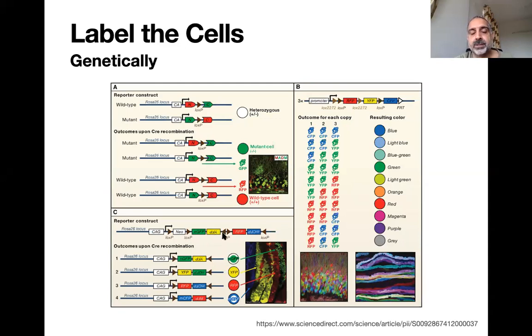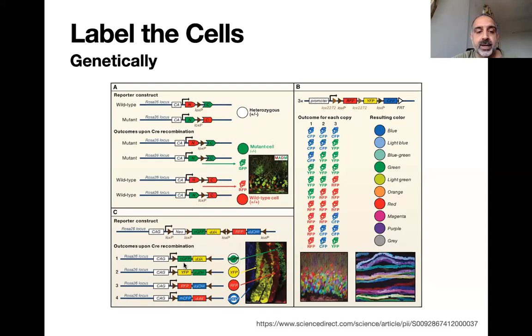If two LoxP sites are facing each other, then you get an inversion. If two LoxP sites are facing in the same direction, you get a recombination. And so you can see that there's a possibility of many types of inversions and recombinations in this construct upon Cre activation that will give you different colors.